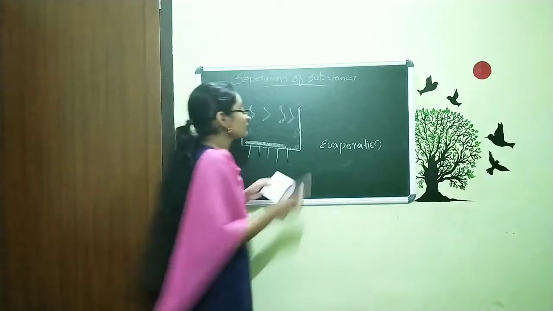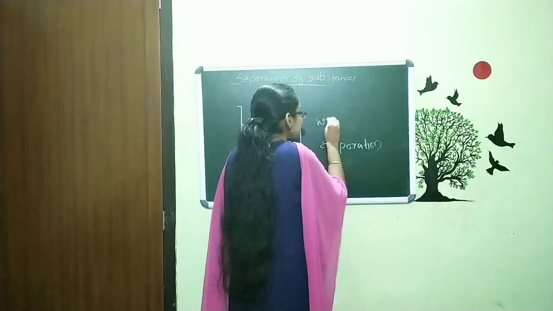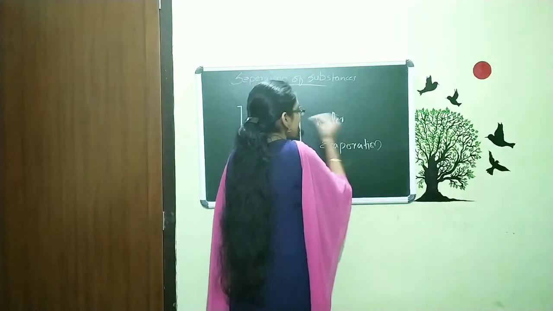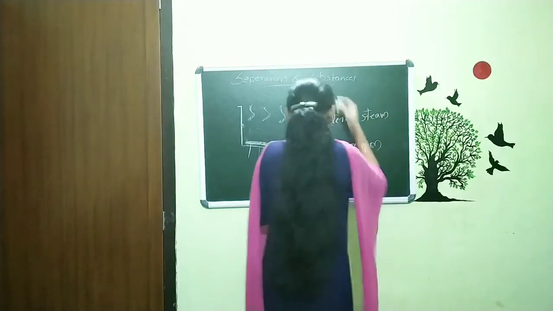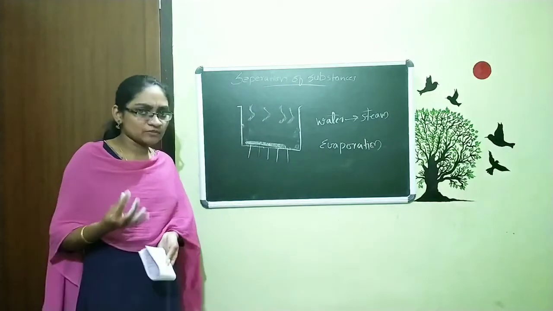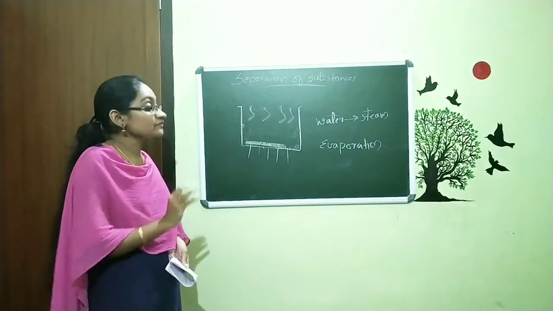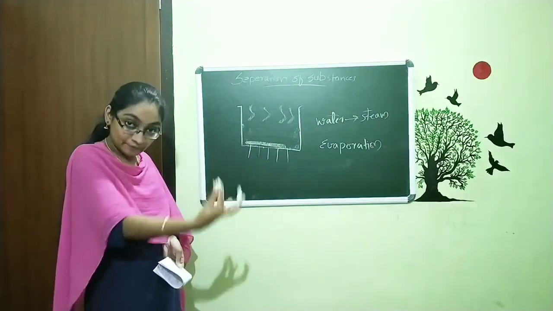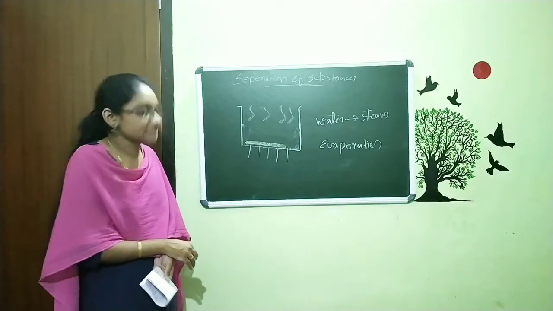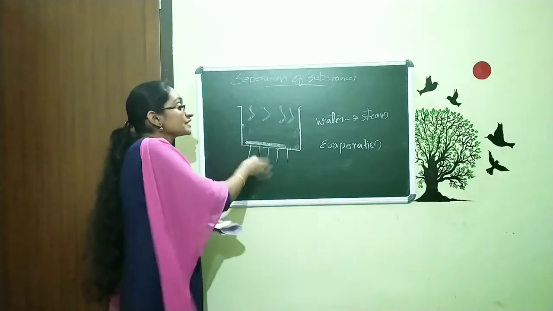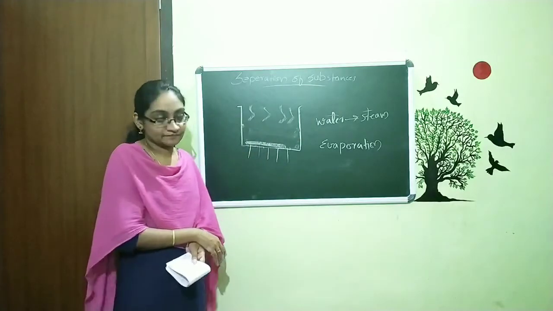The process of conversion of water into steam or into vapor, both are the same. So the process of conversion of water into vapor or water into steam is called what? Evaporation. And here we are doing it by heating the beaker.